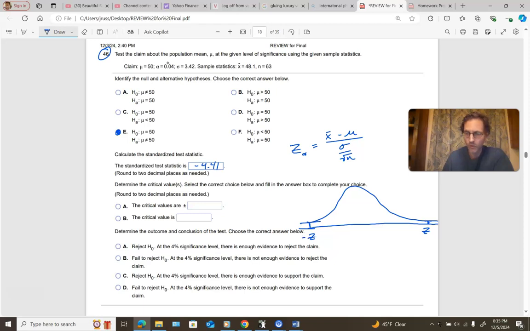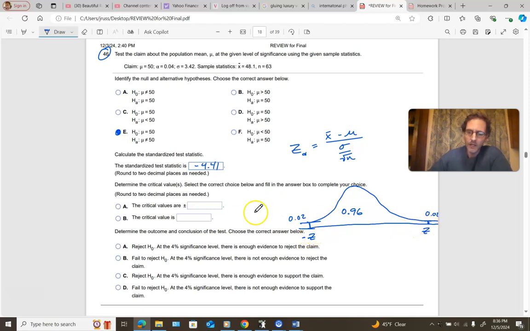You just need to find one of them because they're symmetric, but we've got 96% of the distribution between these two, okay? And so this means that I'd have 2% and 2% in each of these tails. 0.02 and 0.02. So you can find either the left one or the right one.